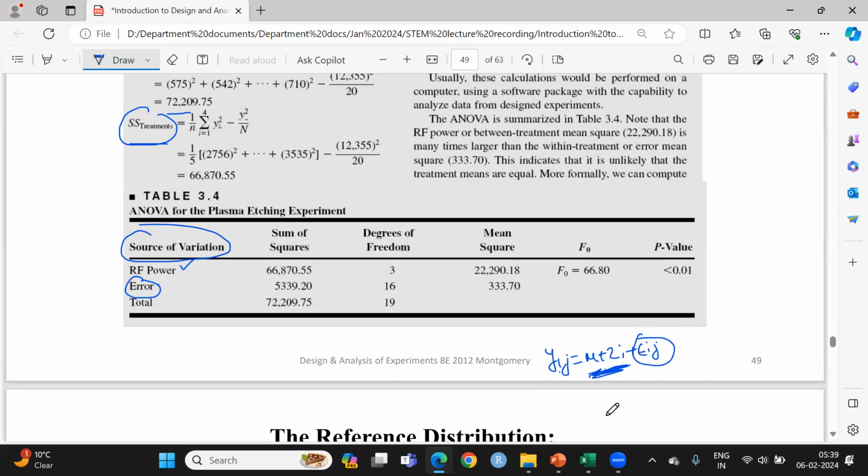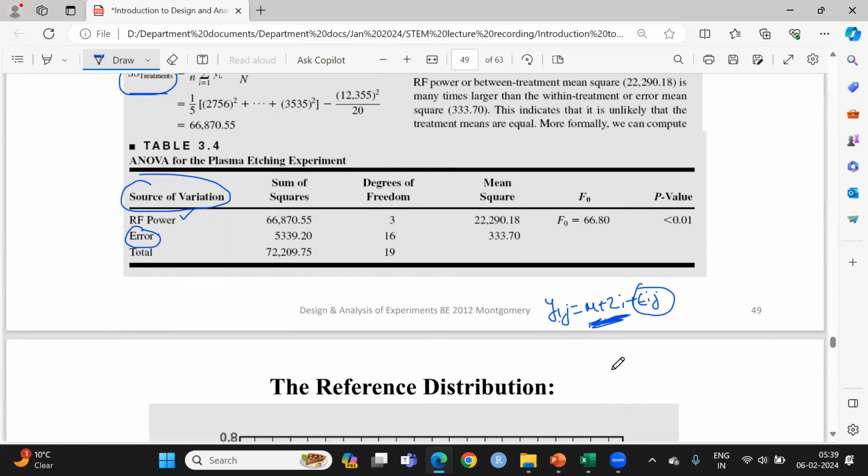For example, let me take this in more detail. We have one level of this RF power as 160, so we name it mu1.